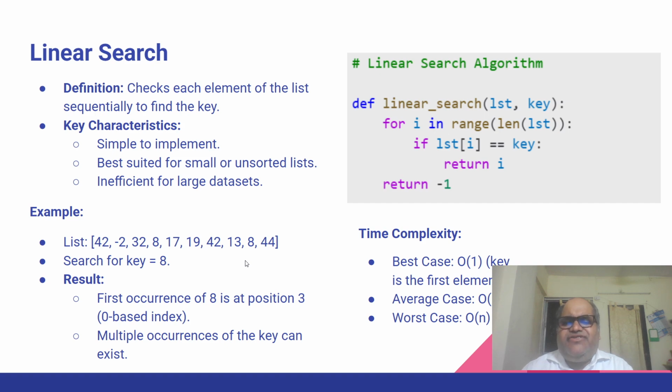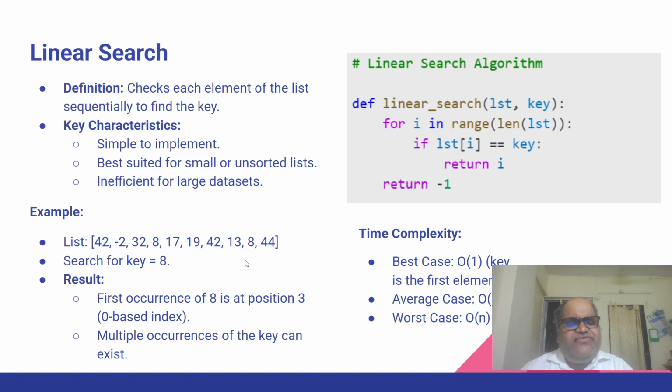Since in this particular case you are going from left to right, your ith index itself will be the right index, so we don't need an extra variable. And then similarly 32 and 8. Once you compare the 8, by this point in time you are at the third index, so you return 3 and you are done.